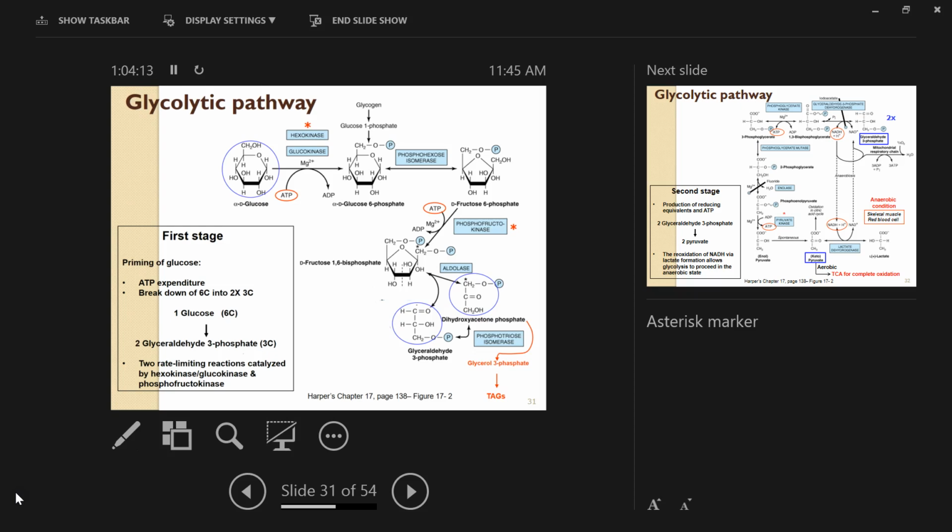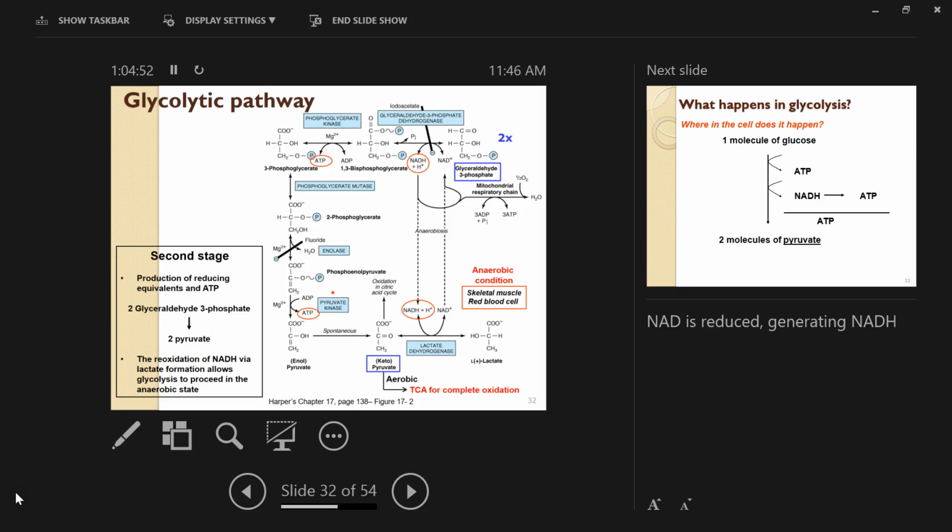Okay, that was the first stage, right? Again, there are 2 key reactions in the first stage of glycolysis, and 2 ATPs are consumed during this stage. Try to remember that the 6-carbon glucose breaks down into two 3-carbon intermediates.